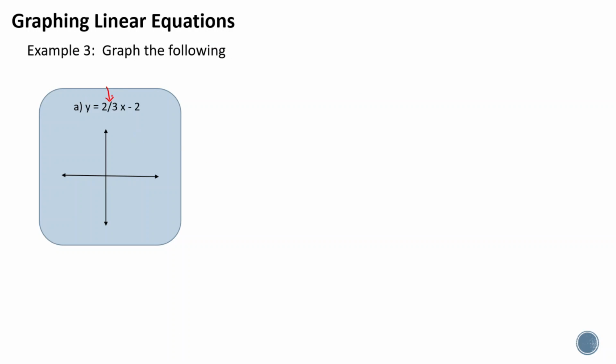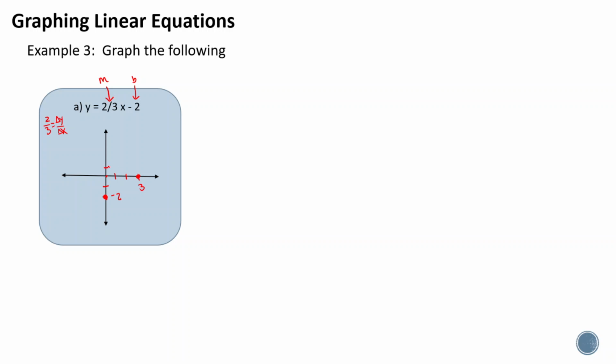So this is our slope, and this is our y-intercept. So the y-intercept is at -2. My slope is 2/3, so that means that 2/3 equals change in y over change in x. So I'm going to go up 2 and over 3.